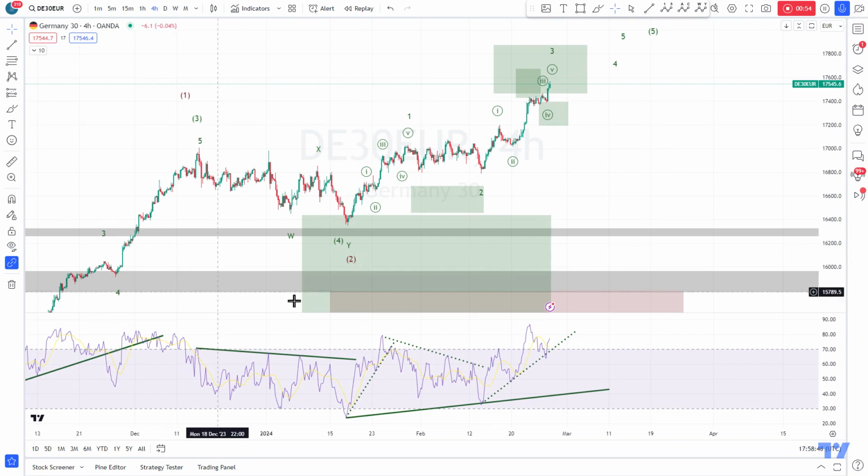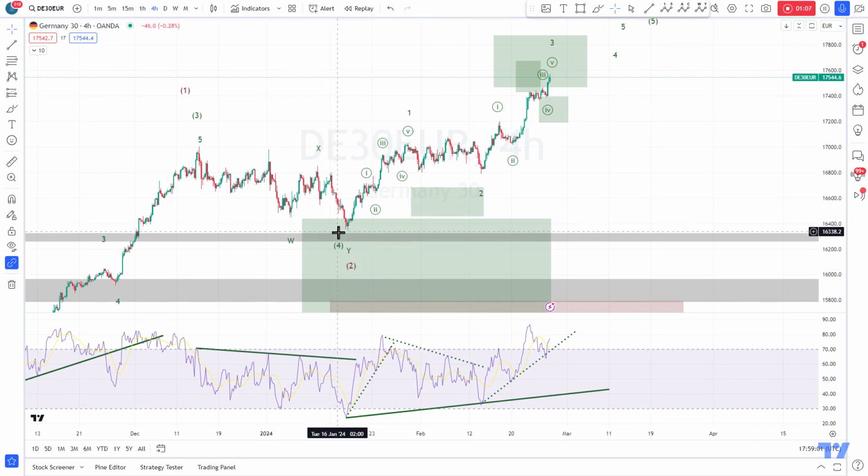For the moment, we do not have enough data yet to make our decision, but for the lower time frame, that does not really matter for the moment. What is important is to start counting from here. From here, we started a new upward cycle.